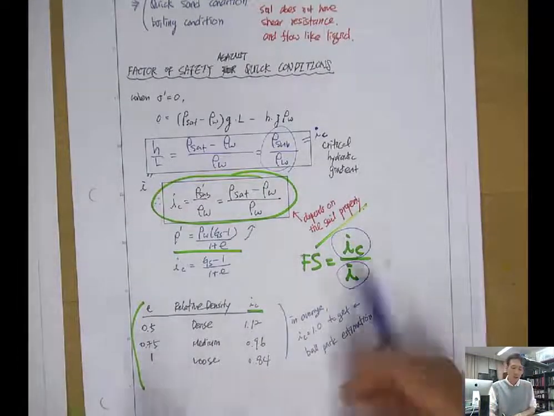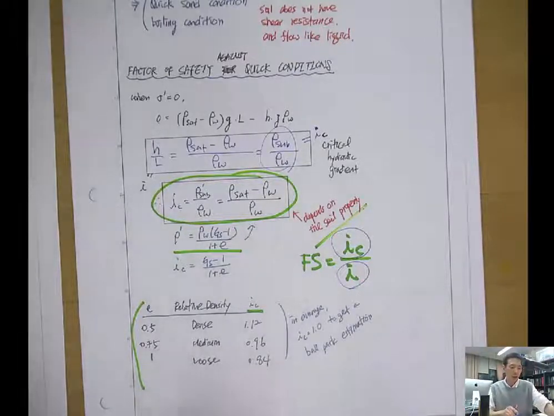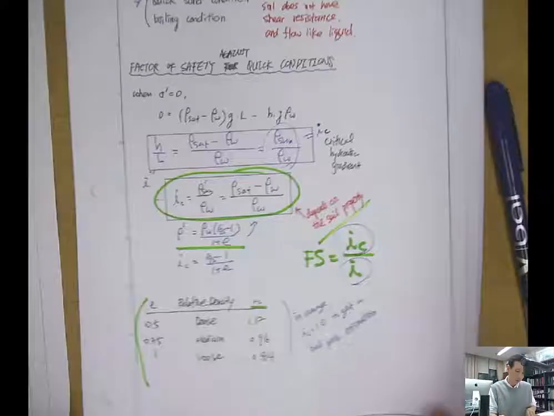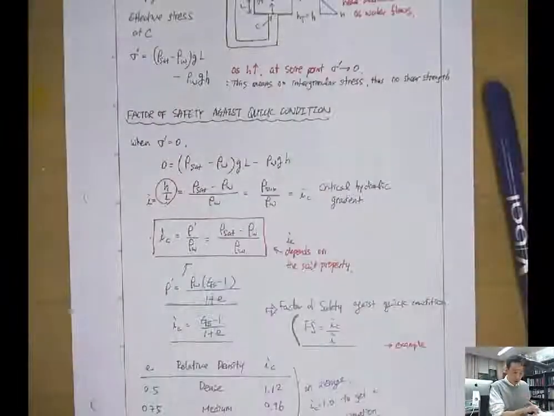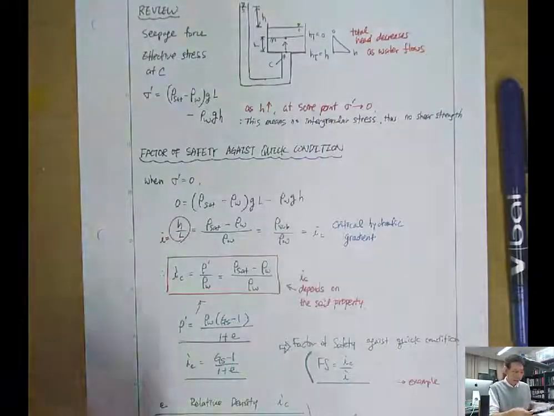This i is H over L, which is given by the geometric condition at the site. Okay, so this is just a review.